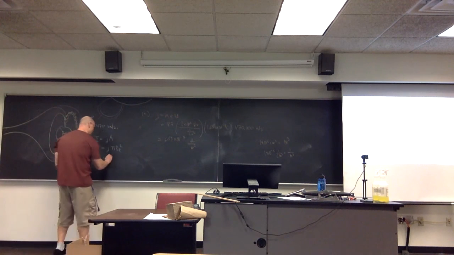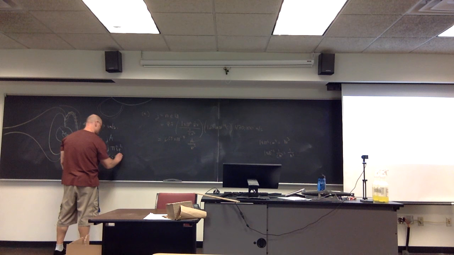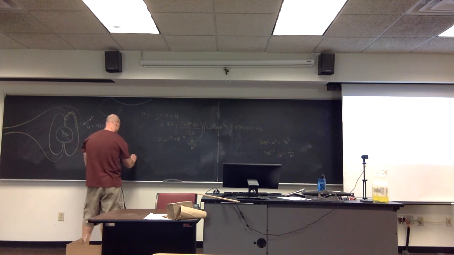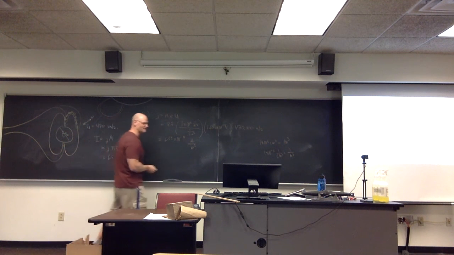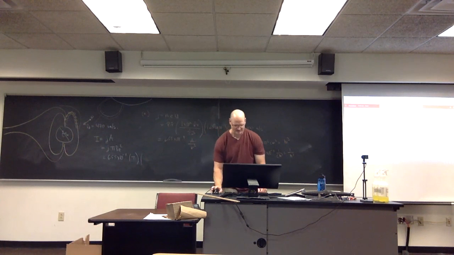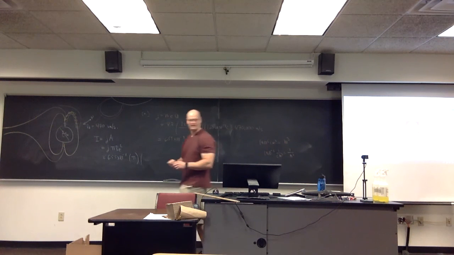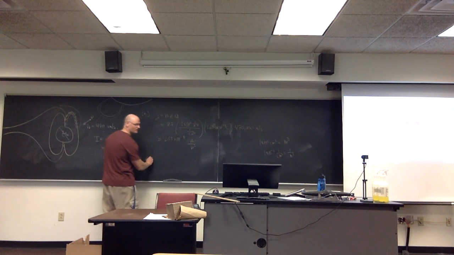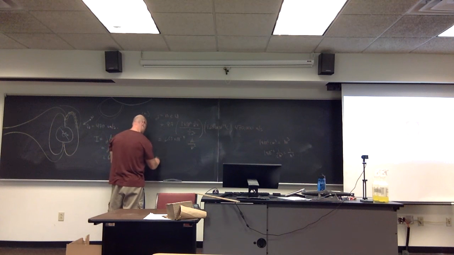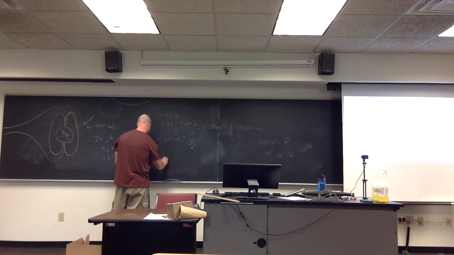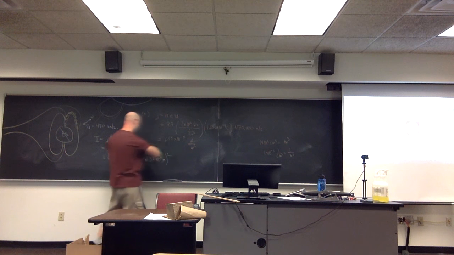So this is going to be equal to 6.55 times 10 to the minus 7 times pi times the radius of the Earth, which is 6.37 times 10 to the 6th meters, squared.